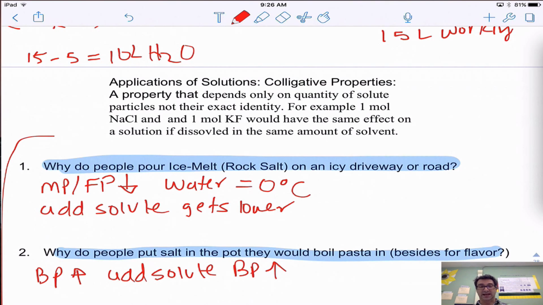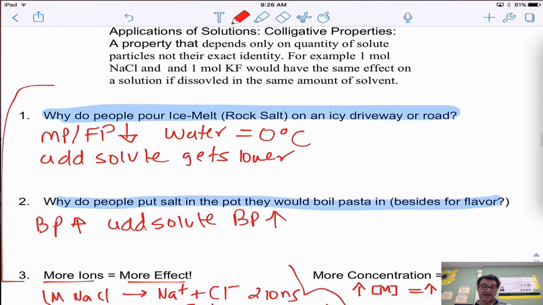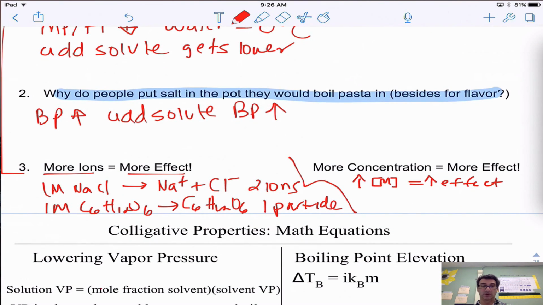We can get a higher concentration by adding more, or we could change the solute to a type of salt that will form more ions and have more of an effect. So next time, and you can see it peeking through here on the bottom, we'll go over all of the different types of properties and their math. And that's the honors part of this. All right, thanks so much for watching.